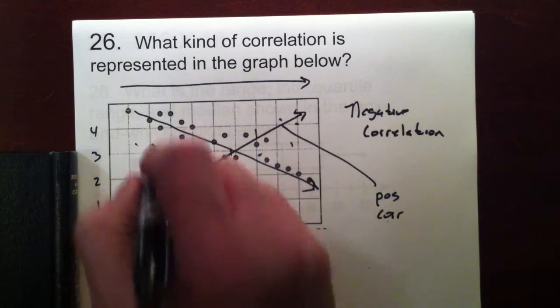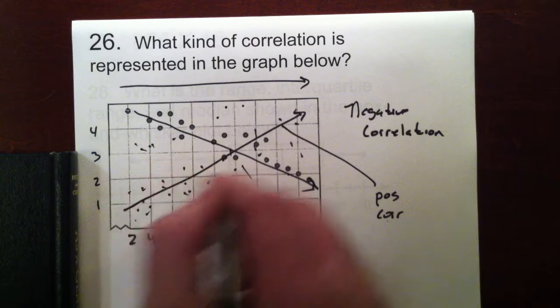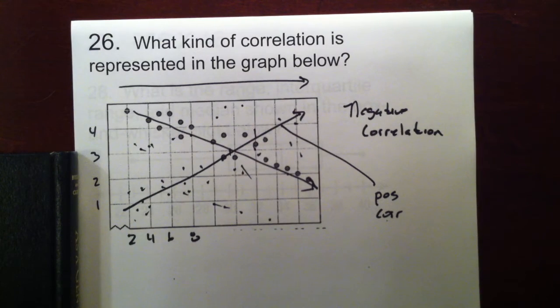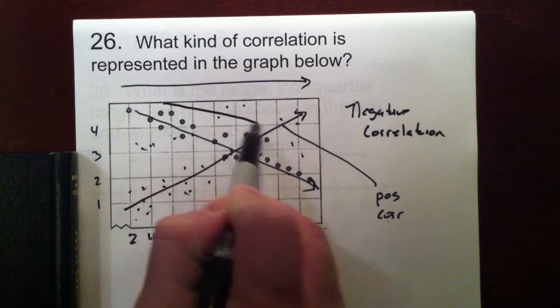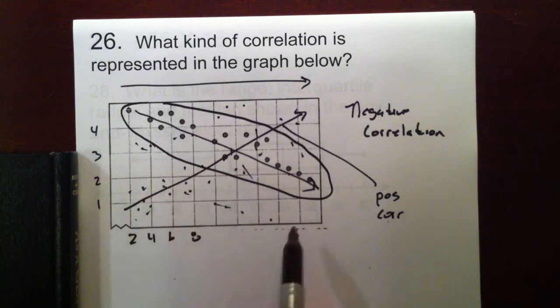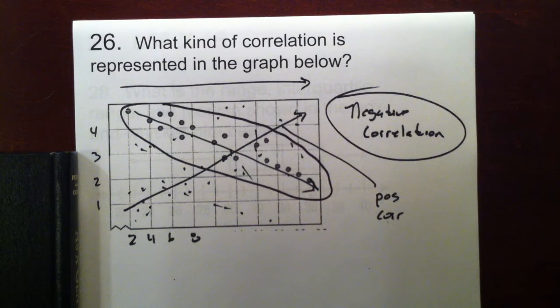Now, if we had them all over the place, and we could see no real pattern, we would call that no correlation. But the original question asked us, what do we have right here? And because it's going down like so, we have a negative correlation.